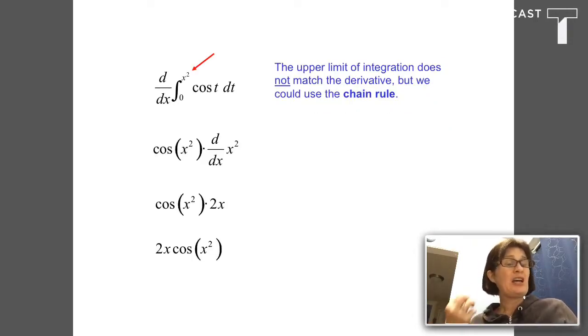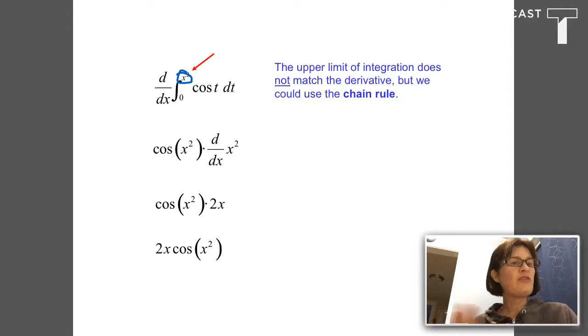All right, so it turns out that two of those rules we can actually get around a little bit if they don't get met perfectly. So here's another example. It's on your paper. If I want to take the derivative with respect to x of the integral from 0 to x squared of cosine t dt, see, here's my problem. I needed this upper limit to match the x, and it's not a perfect match. But that upper limit is a function of x.